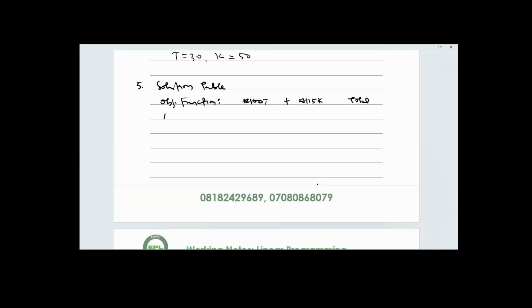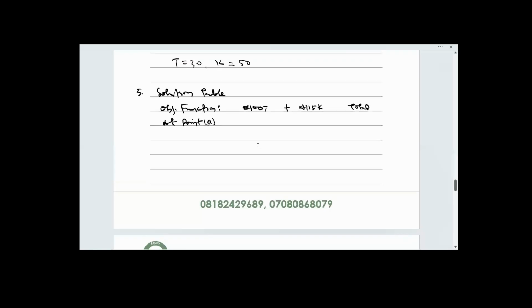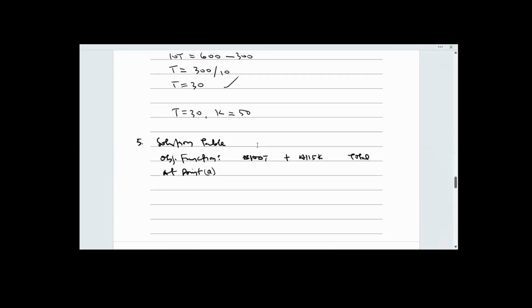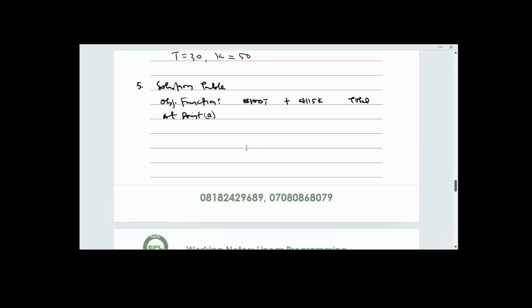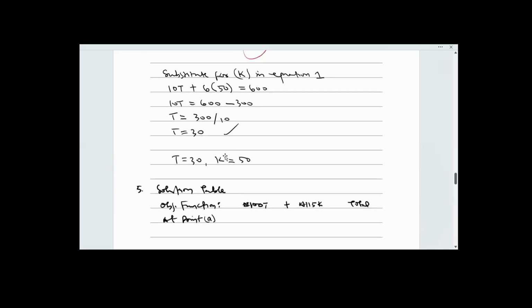Then, at point A, point B. Hello, sir? Yes? Our step 4 is construct a graph, which we've done already, whereas step 5 now is the solution table. See, this is step 5. I've already corrected it. That step 5 is supposed to be step 4. I've corrected it now.